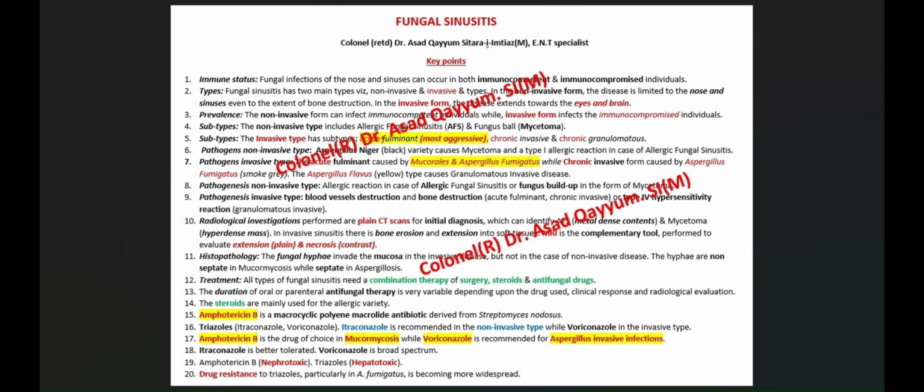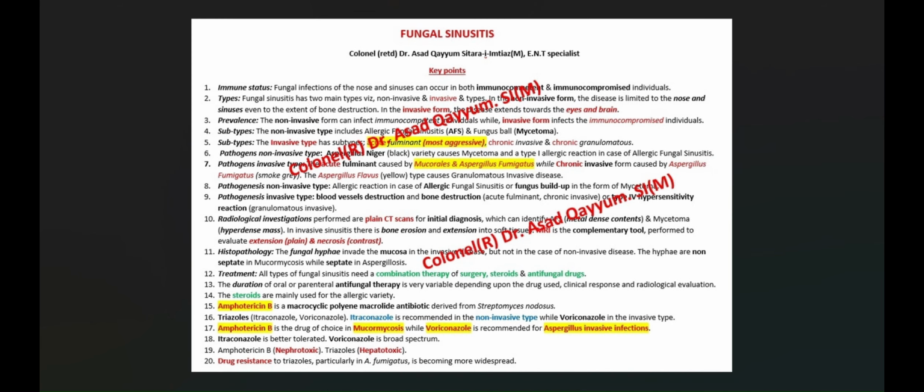Amphotericin B is a macrocyclic polyene macrolide antibiotic. The second group of antifungal drugs is triazoles, which mainly contains itraconazole and voriconazole. Itraconazole is recommended in non-invasive type, while voriconazole is used in the invasive type.